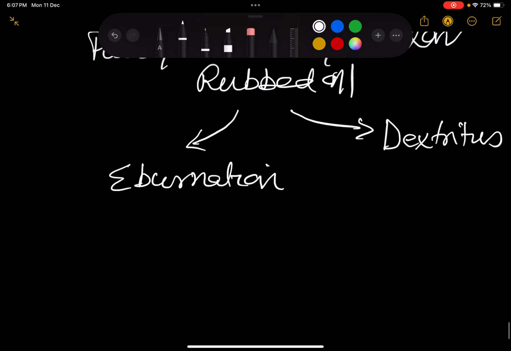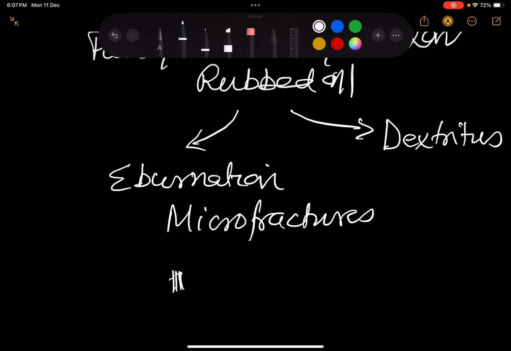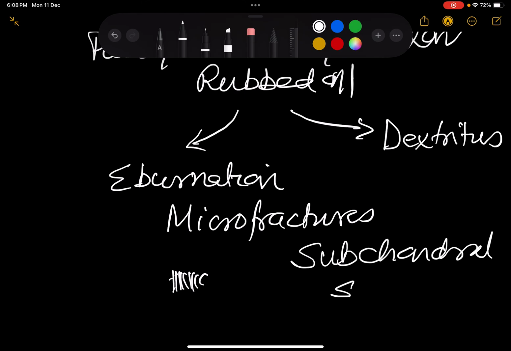And under the eburnation, there can be microfractures of trabeculae, and because of these microfractures, there is subchondral sclerosis on X-ray.